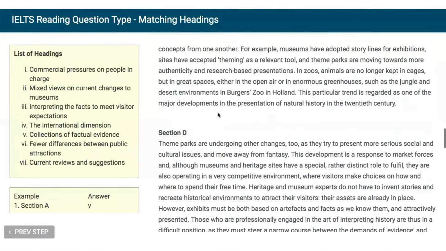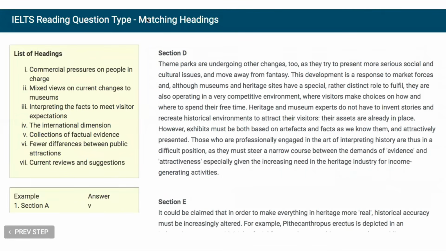I'll make my way down to section D, second to last section. Again, I will just block it off so that it's easier for you to follow along. And we see the last sentence is pretty wordy, so that's something to keep in mind. Okay, theme parks are undergoing other changes too, as they try to present more serious social and cultural issues and move away from fantasy.